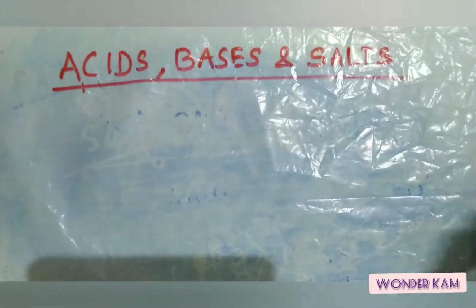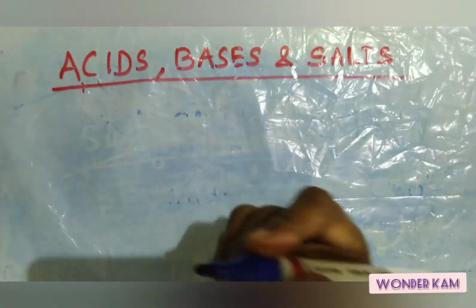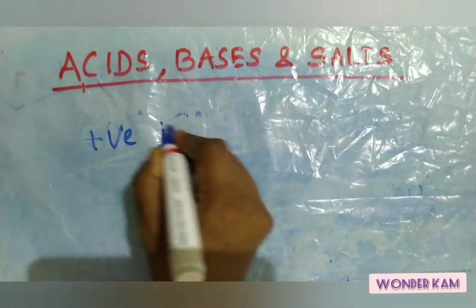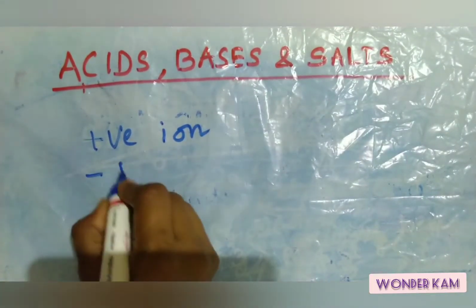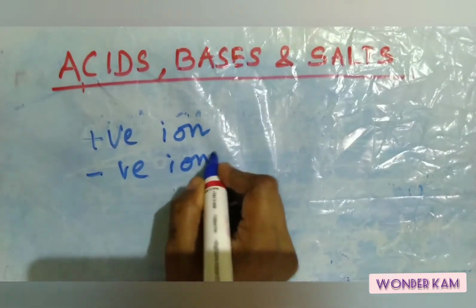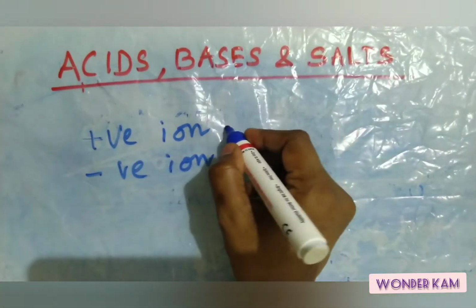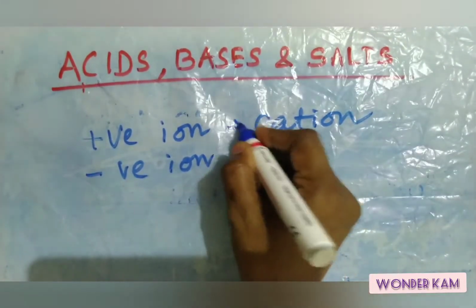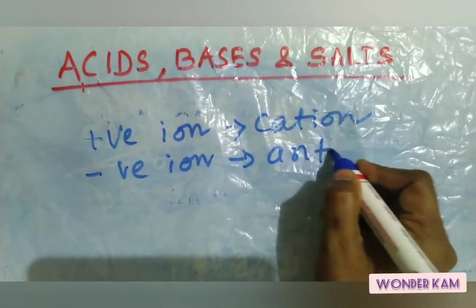Actually, salts are chemical compounds containing one positive ion and one negative ion. The positive ion is known as the cation and the negative ion is known as the anion.